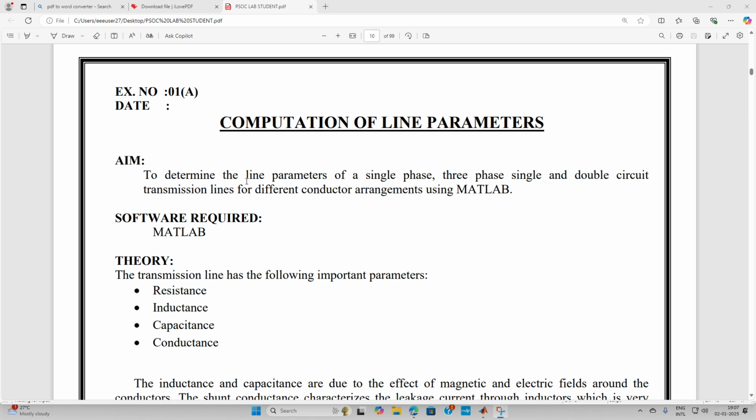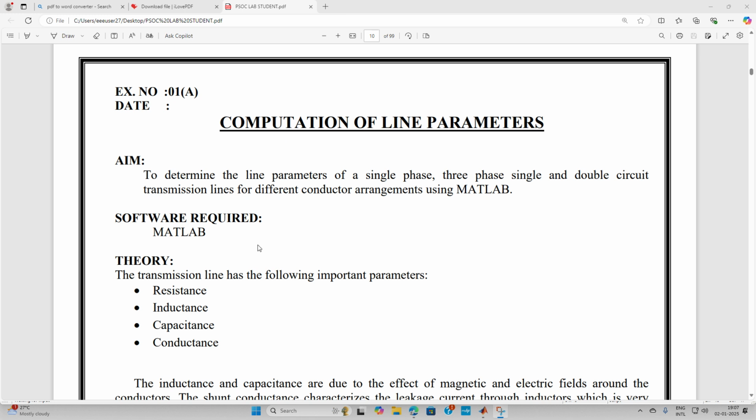Aim: to determine the line parameters of single phase and three phase, single and double circuit transmission lines for different conductor arrangements using MATLAB. Software requirements: in this laboratory, for all the exercises we are going to use MATLAB software.